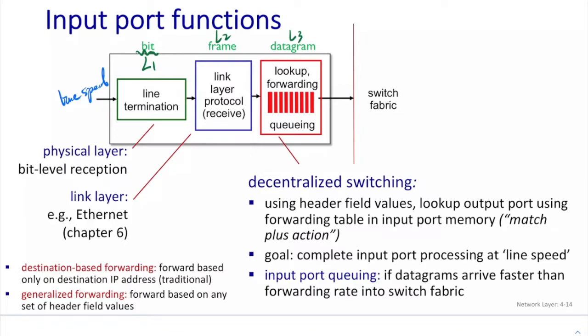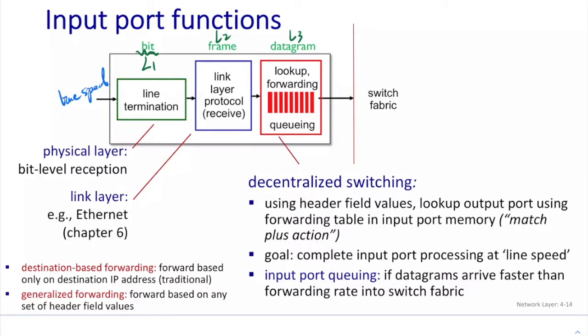So the layer 3 component will move the packet from this input port to the switching fabric and to the output port. For this input port, the goal is to complete input port processing at line speed. As we mentioned before, the line speed could be 1 gigabit per second.